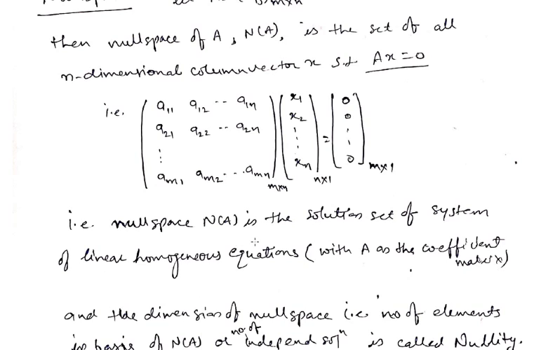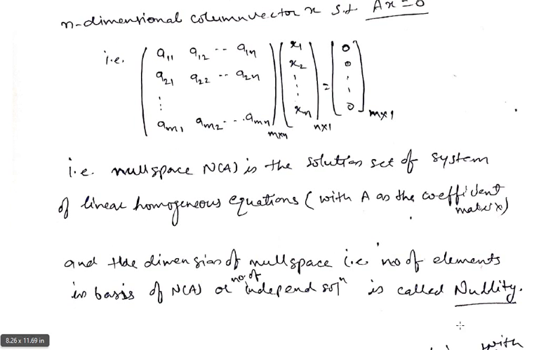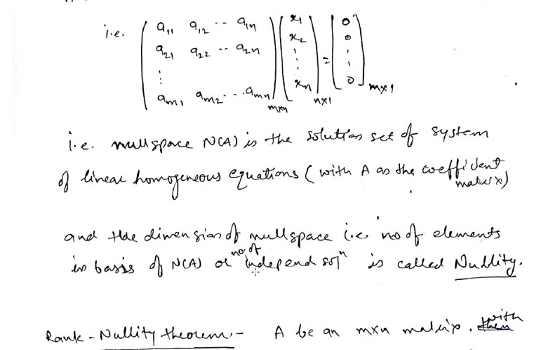So the null space is the solution set of the system of linear homogeneous equations with A as the coefficient matrix, and the dimension of the null space, that is the number of elements in the basis or the number of independent solutions, is called the nullity.